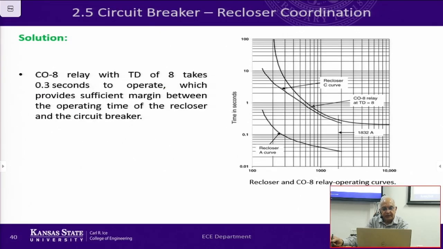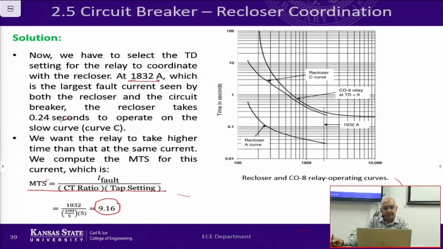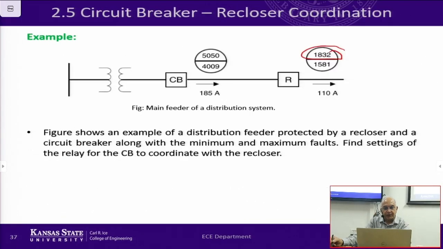And so this shows that we can use coordination between, first you select the recloser and then you select the proper relay. The main thing is that the relay characteristics have to be selected in such a way that they coordinate with the recloser.